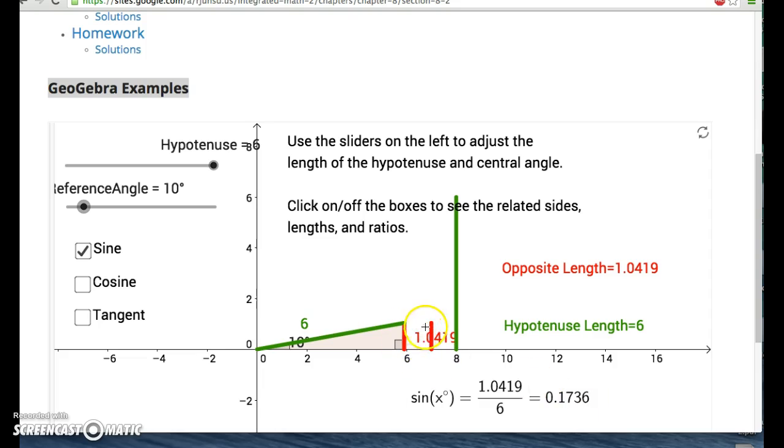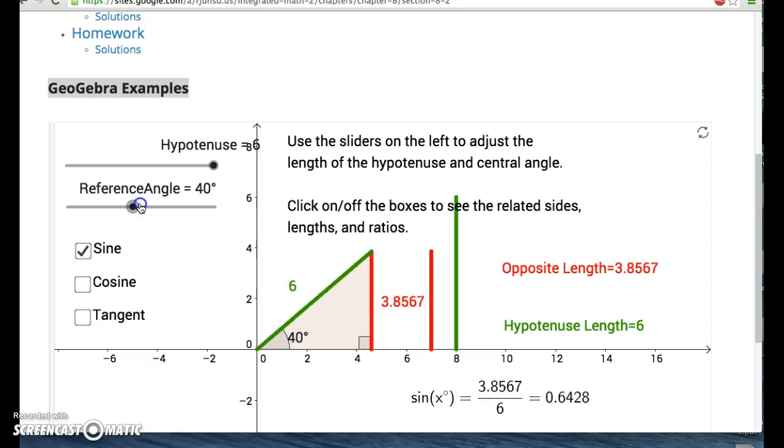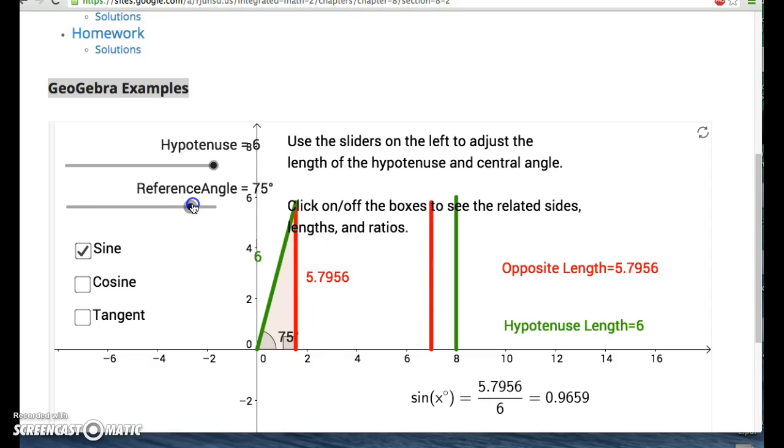So this is 17% right here. See that the hypotenuse does not change length. And conversely, if you go to a very large angle, 75 degrees for example, the opposite now is getting really close to the length of the hypotenuse right there. So if you divide that actual length by that, you'll get 96%.